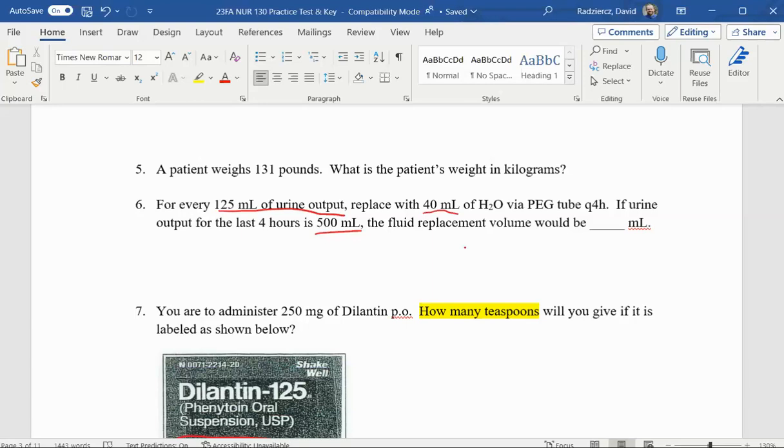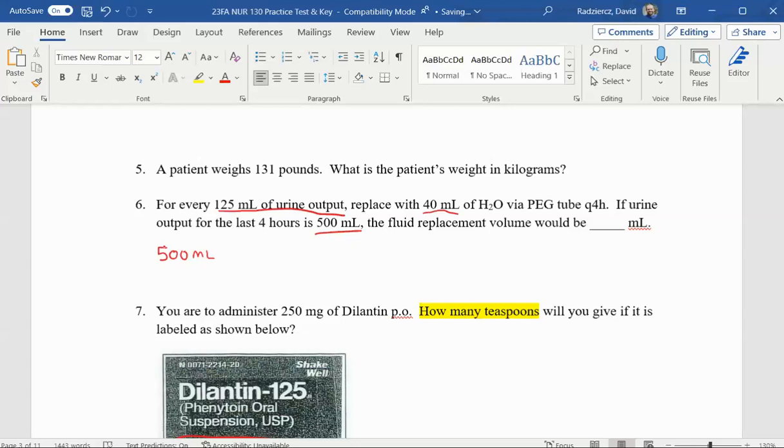Then I took that information and I just turned it into a dimensional analysis type formula. What I do is I start off with my actual, what I actually voided. So my actual output was 500 milliliters.